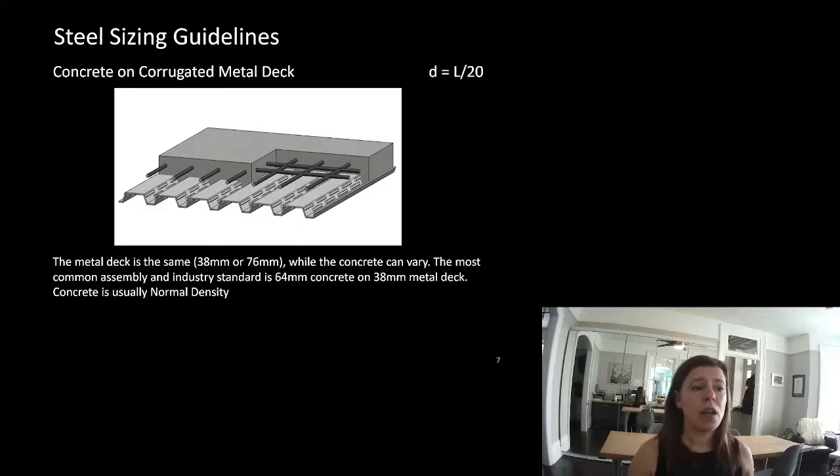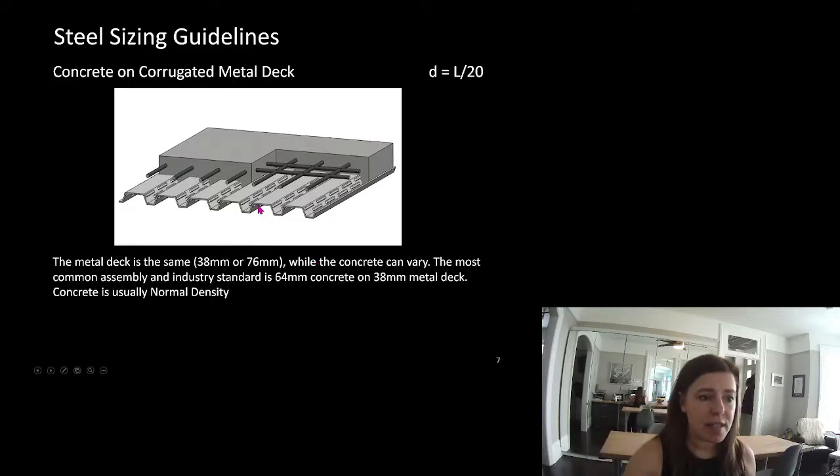All right, concrete on corrugated metal deck. So we had our metal deck. Now we're taking that same metal deck and we're pouring concrete on top of it. So imagine I've filled this in with Play-Doh and raised it up a little bit. It's the exact same metal deck that we were using in the last example, and the concrete depth can vary.